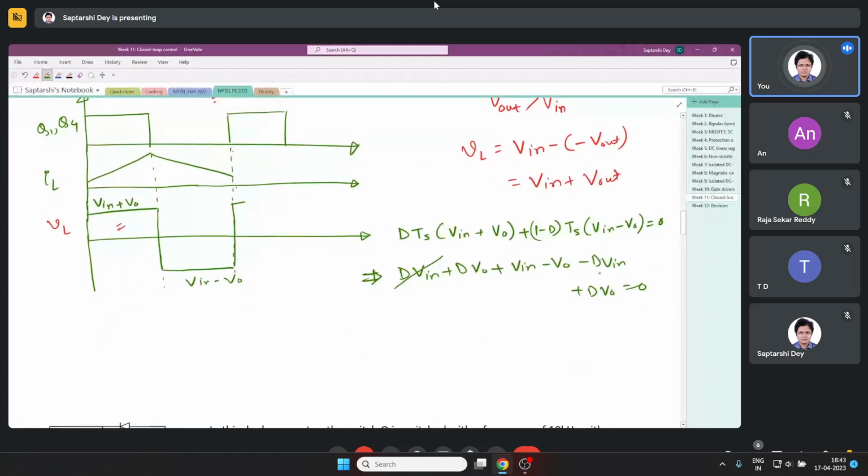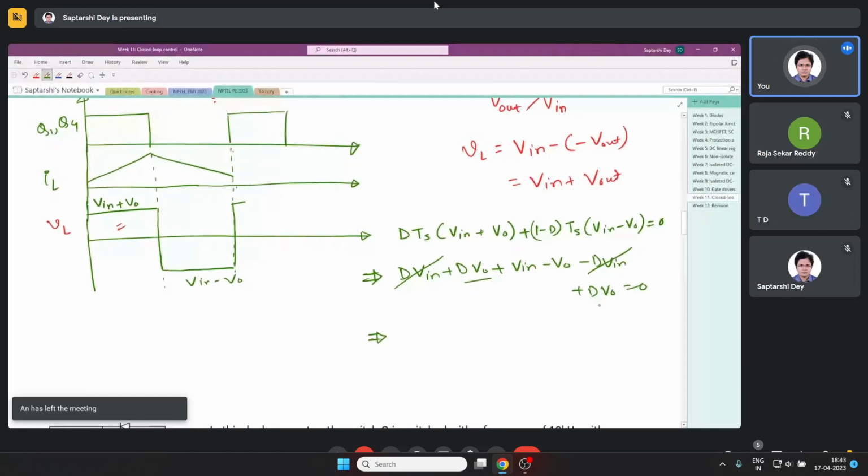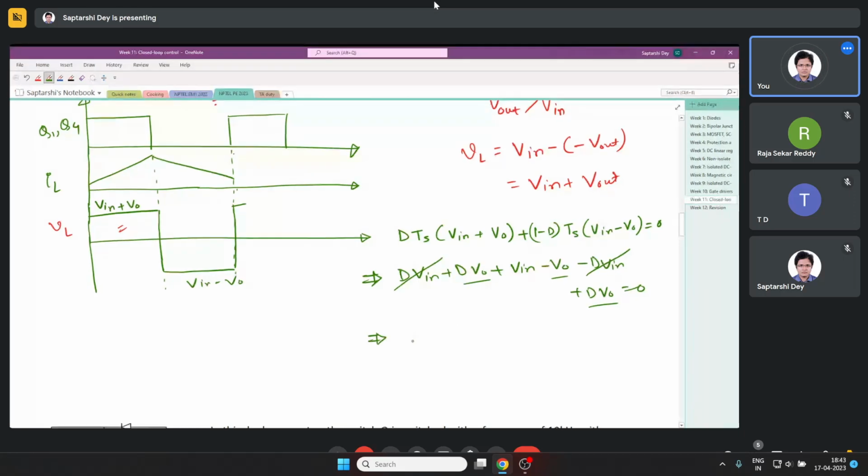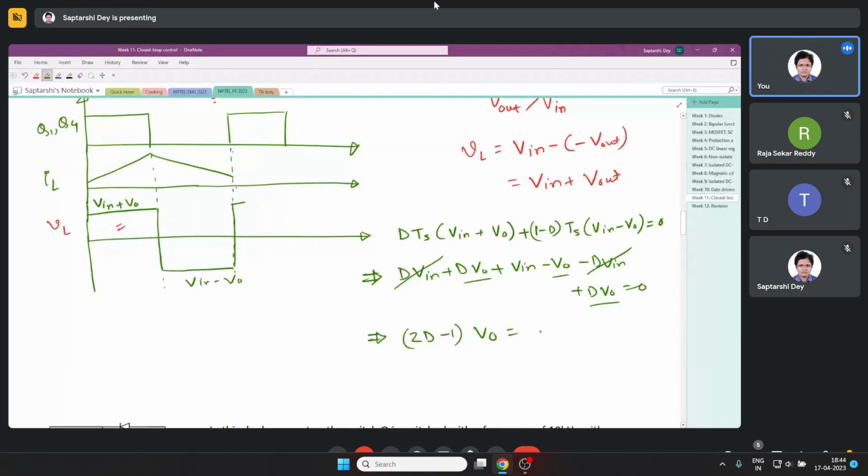This gets cancelled out, this gets cancelled out. So 2dV naught minus V naught plus V in equals 0.